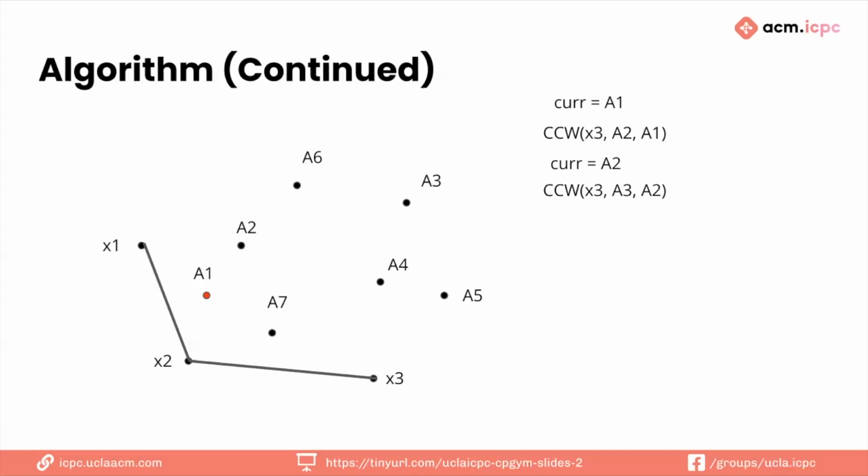So now you see that these points are again ordered counterclockwise. So you update the result, which is now A2, to A3. Can anyone tell me the next input?